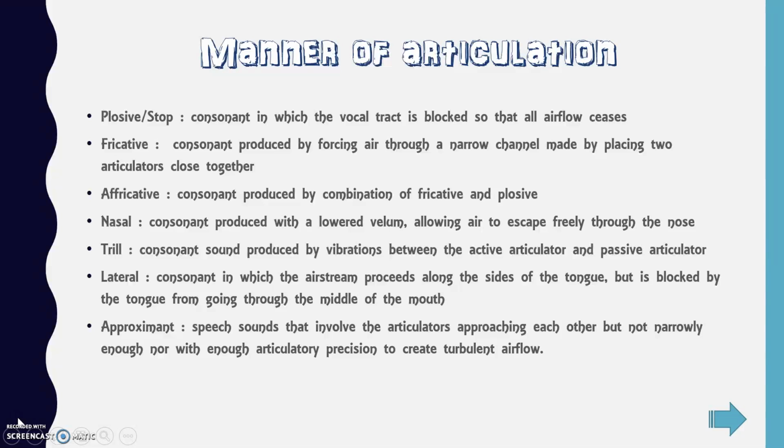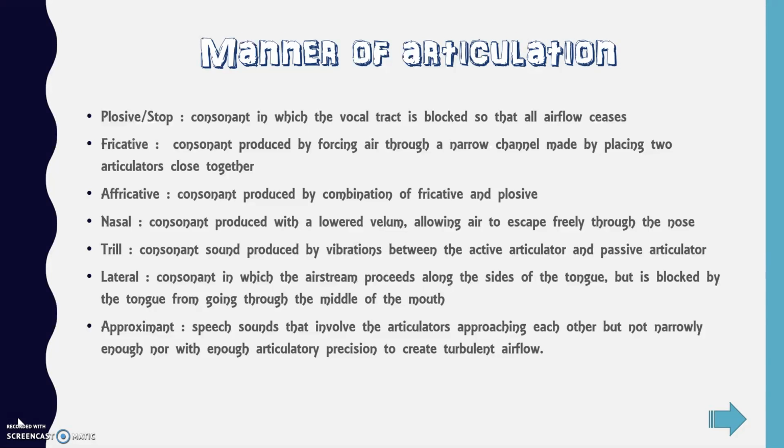And next is fricative. Fricative is a consonant that is produced by forcing air through a narrow channel made by placing two articulators close together. The examples of this kind of consonant are S and Z. Next is the affricate. An affricate is a consonant produced by a combination of fricative and plosive.